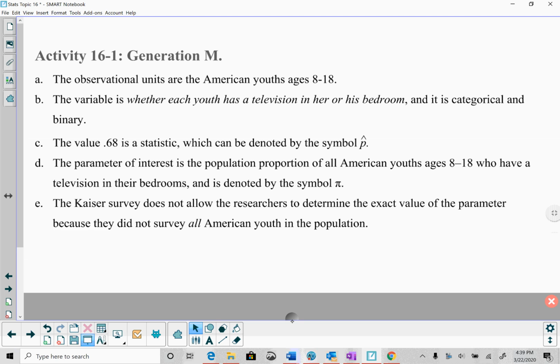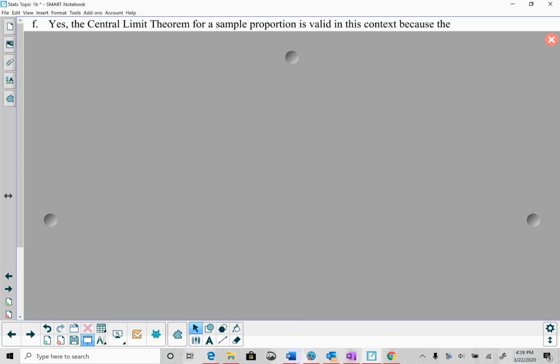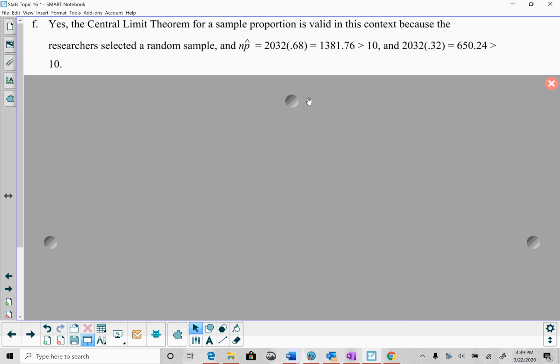For part F, is the central limit theorem for a sample proportion valid in this context? Well, yeah. The random sample, that's part. But then is the survey size large enough? Remember, we have to take the sample size n times p hat. Well, the 2,032 people that responded, 0.68, yeah, that's a little bit bigger than 10.